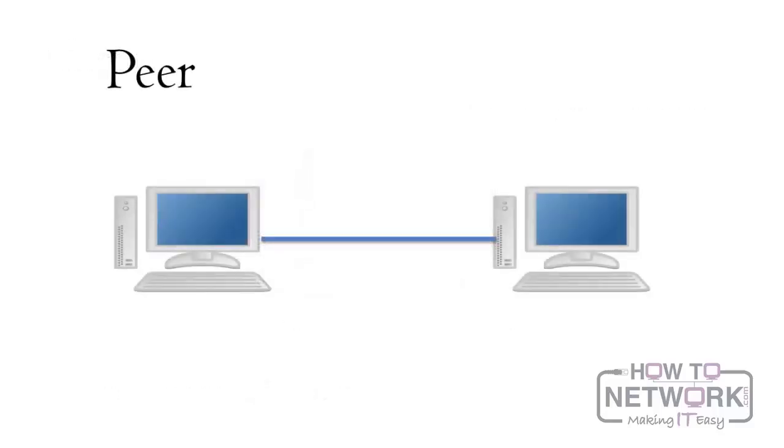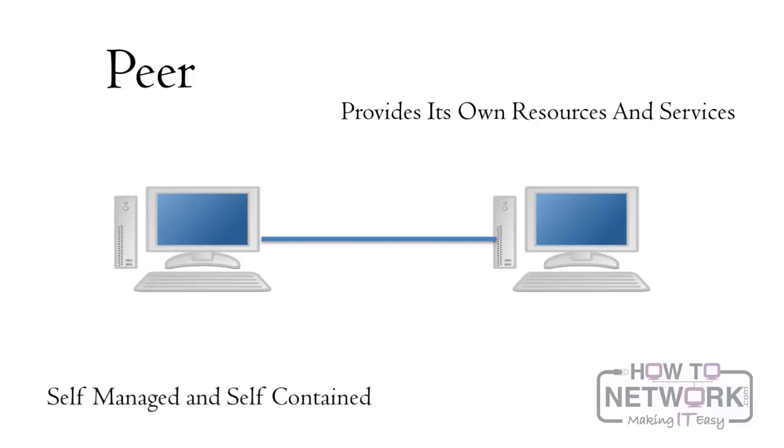Now, a peer is a network computer that provides its own resources and services and computes on its own. The best thing about a peer is that it is self-managed, self-contained, and it is both a server and a client. So you can see how this works.